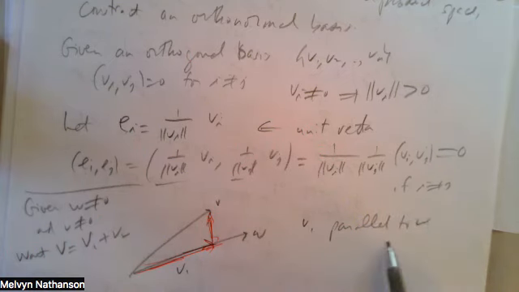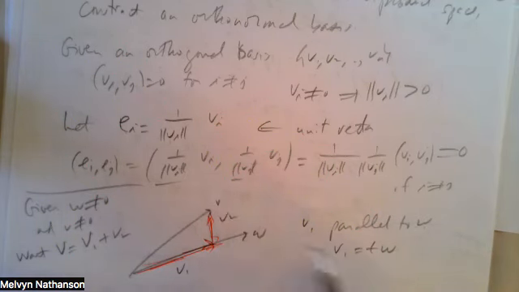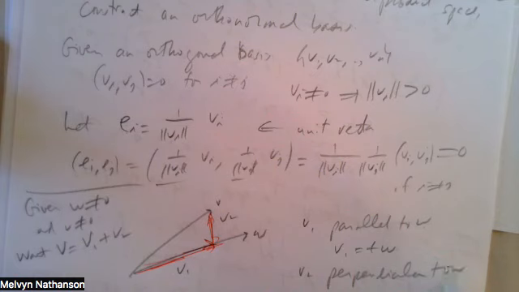to W. What does it mean for one vector to be parallel to another? V1 is just some scalar multiple of the other. And V2 you want to be perpendicular to W, so the inner product of V1 and V2 is 0. So we have the following problem in geometry.